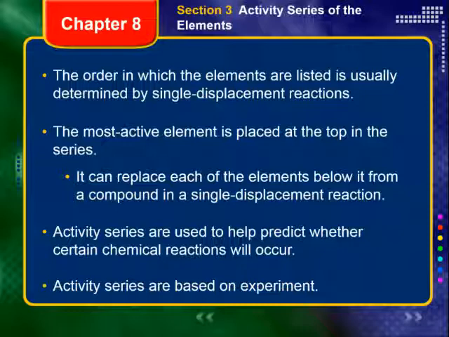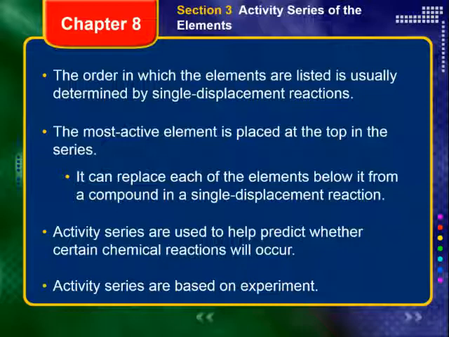The order in which the elements are listed is usually determined by single displacement reactions. And now that's just a factoid. You're not going to have to use that for problem-solving situations. It's just a factoid. I may ask you this directly on the test. It's a possibility. But the activity series is actually based on experimentation. They actually do single displacement reactions to see if the lone element is more active than the element in the binary compound or not.